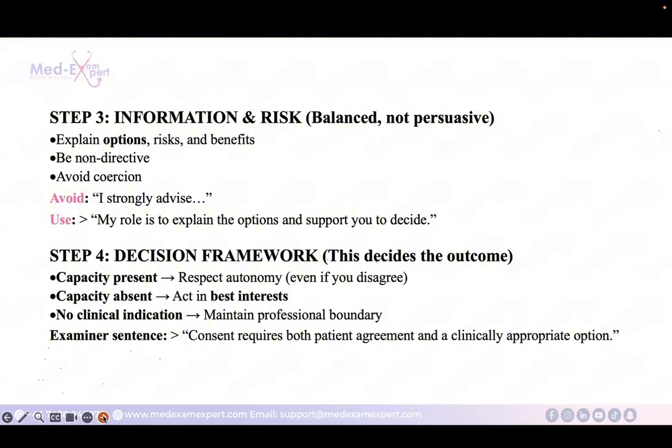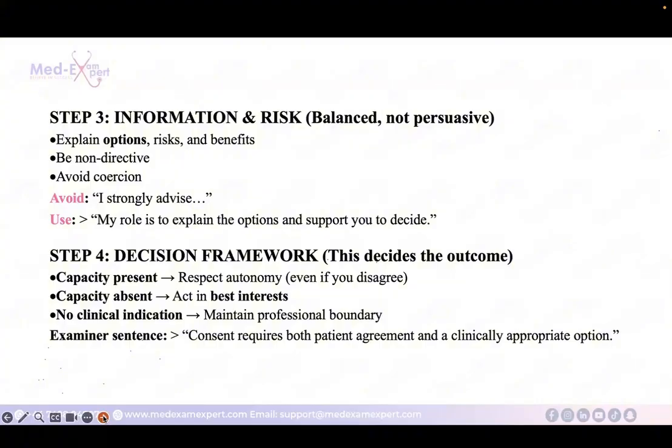So the framework over here is: capacity is present, you respect the autonomy even if you disagree. Capacity is absent, then you act in the best interest, like the first case we talked about, the preeclampsia. And no clinical indication, you maintain the professional boundary.